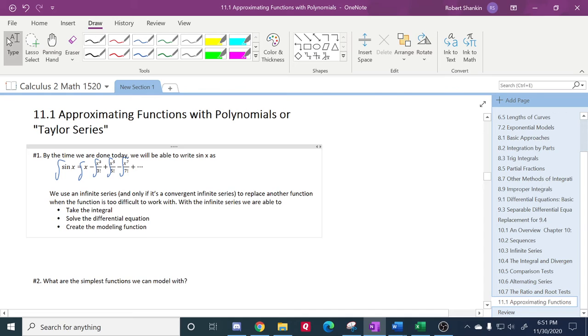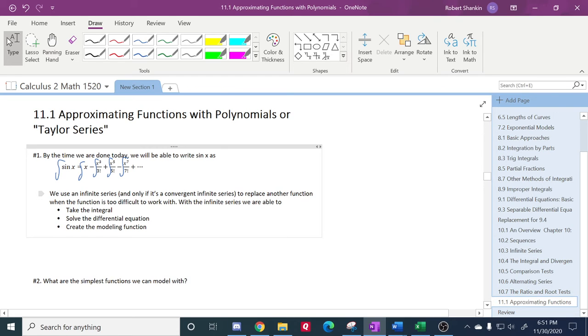So this is pretty grand stuff, and it's really why we spent so much time in chapter 10 on getting series that converge. This is only working for convergent infinite series. If the series doesn't converge, you can't use this theory.